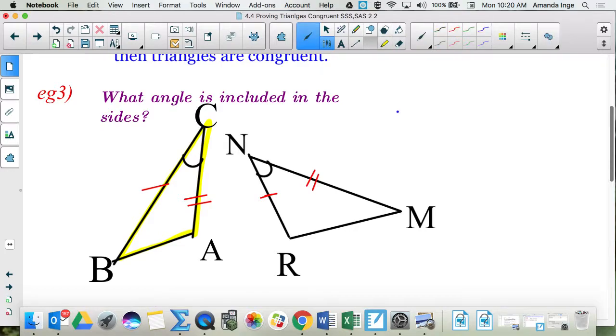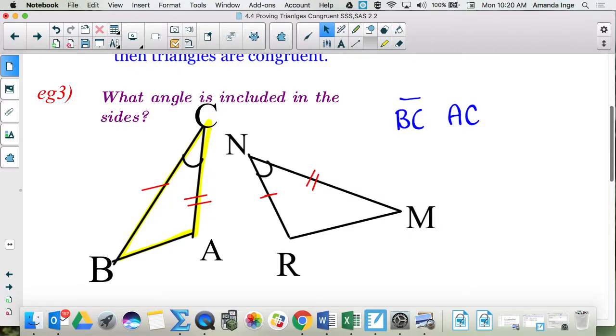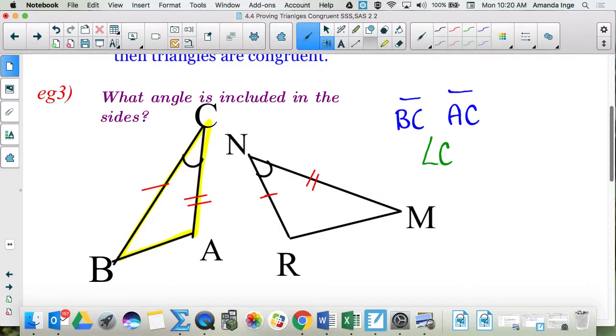I have side BC and I have side AC. And what angle is between those sides? Anybody? Angle C. Thank you. Angle C is between those sides. And notice also that the letter C is part of each one of these sides. So you see where it is included.